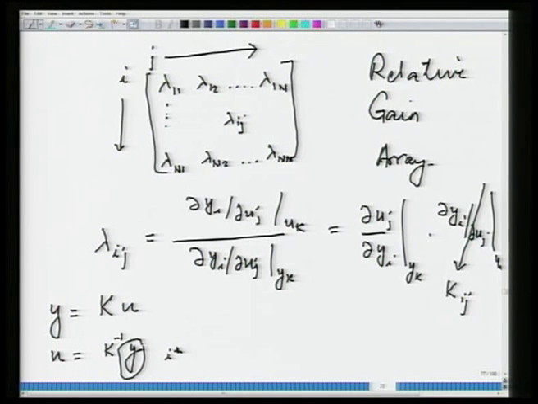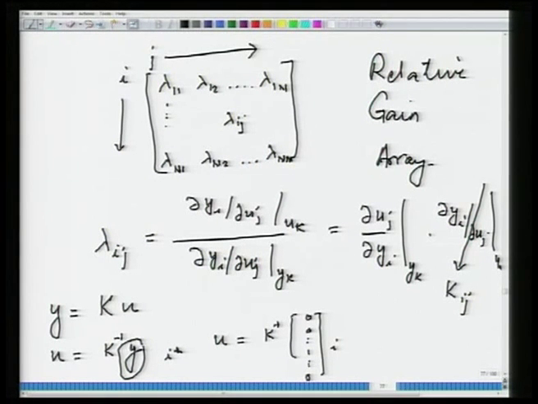And when I do that, what I will get is u will be equal to k inverse times 0, 0, the ith element is 1, the other elements are all 0.